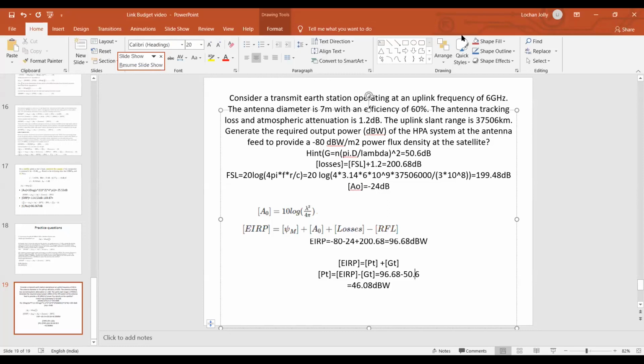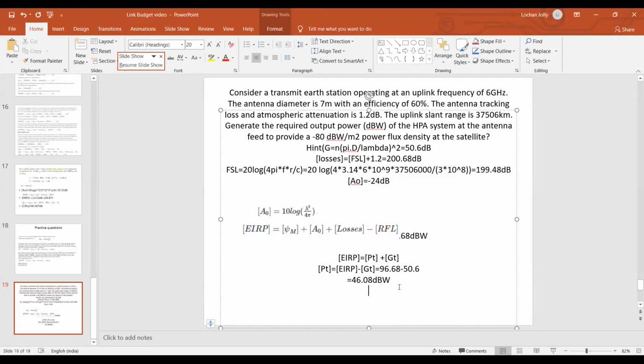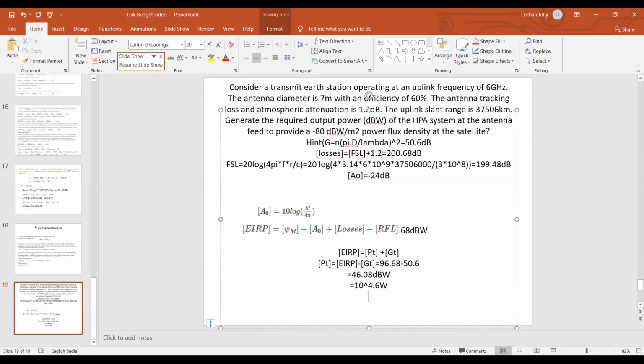You can even convert this into watts, which is equivalent to 10 to power of 4.6 watts. कितना होता है 10 to power of 4.6? 39,810 watts. I'm getting 39,810 watts. You are also getting same answer?